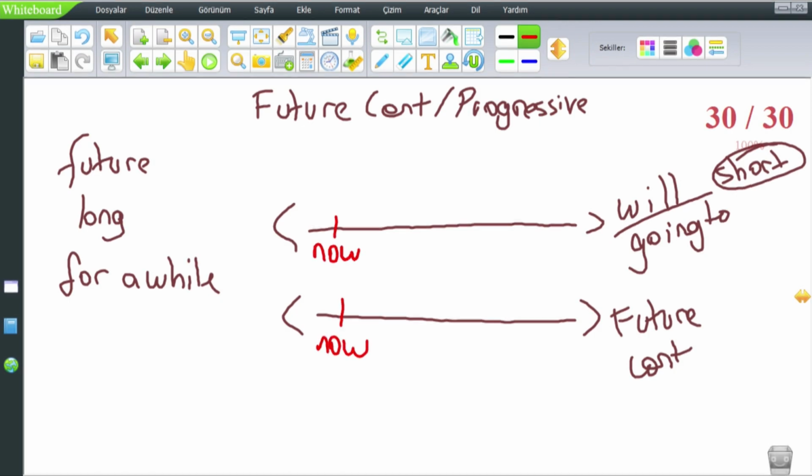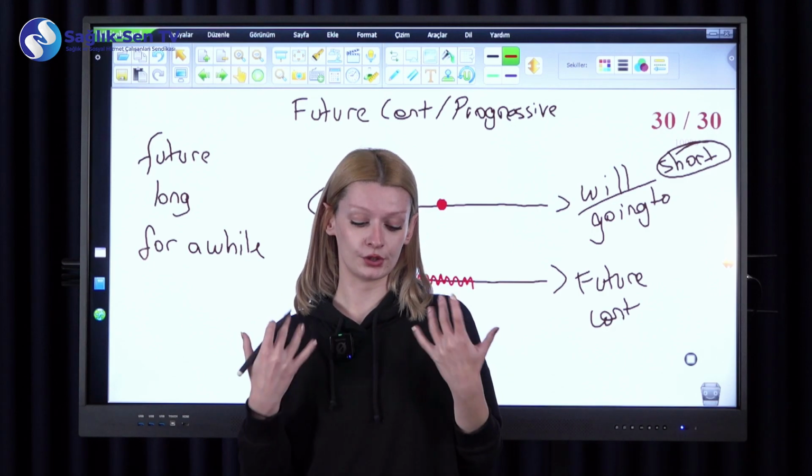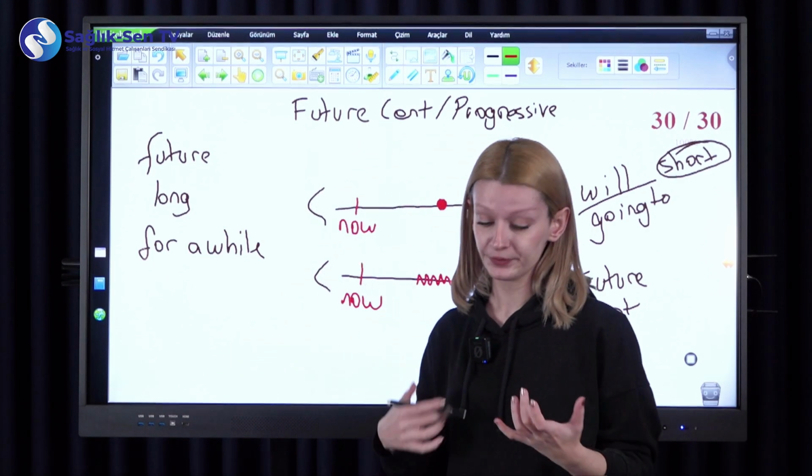This is now. Will and going to will happen in the future at some time for a short time, for a period of time. And when we are using future continuous, it will take place for a while in the future. To give that meaning, we use future continuous or progressive as we call it.